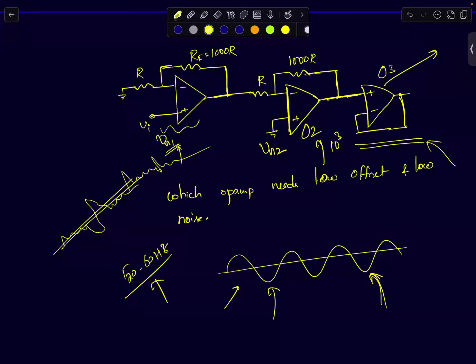Once you buy your op-amp, it has a fixed offset, and it has fixed offset variation patterns also. It's going to vary with a fixed pattern with temperature. That's why if you know those patterns, you can easily cancel it out. But noise is not that, because it keeps changing randomly and it doesn't have a fixed frequency, so you cannot cancel it. Okay, so I'll stop at this point.